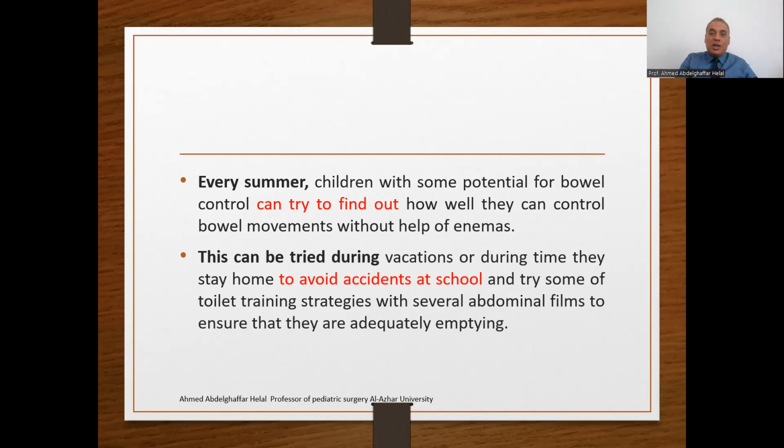So this test is advised for the parent and the children. Try to delay the enema, try to control the bowel movement without the need for the enema, however, it must be performed during vacations or at summer at home to avoid accidents and soiling at school and the psychological troubles that may accompany this accident or soiling.